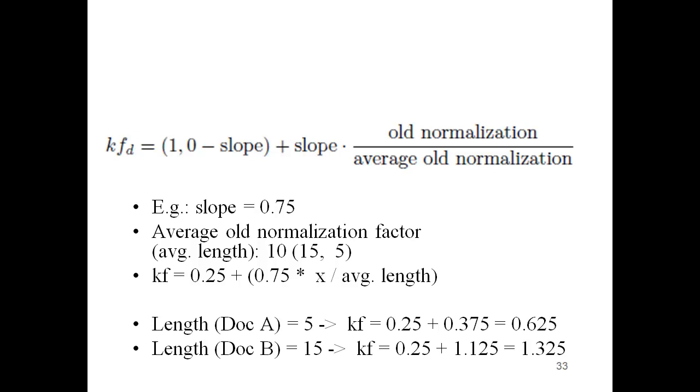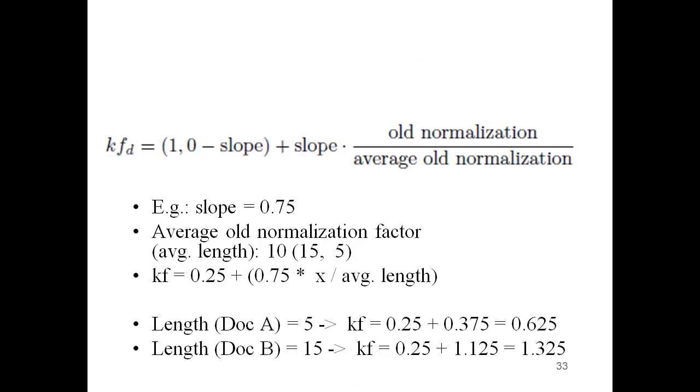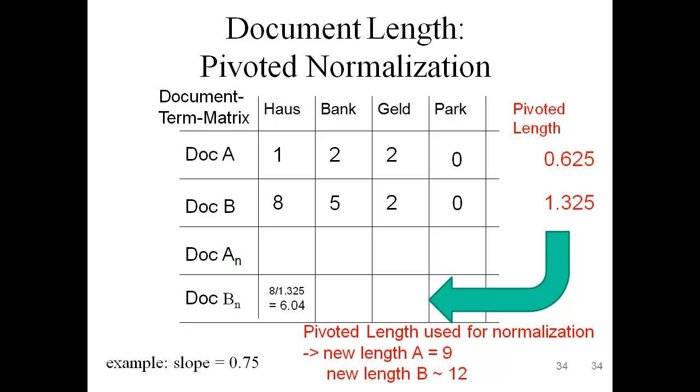Our average is old normalization, and x is the term that we found in the regular normalization. Let's check it out. We end up with a pivoted length.